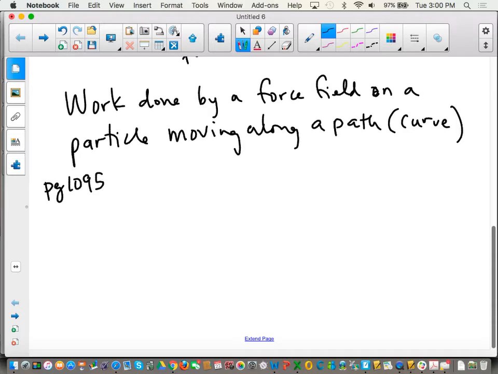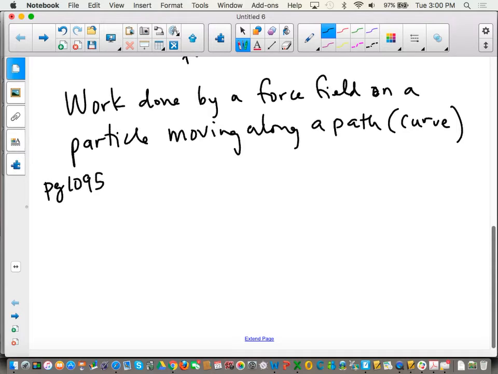The length of the line indicates the magnitude of the force, and the arrow is the direction of the force. And the red line is this particle traveling along that curved path. You can tell with the red arrow which way the particle is going. So right off the bat, what's the force field going to do to that particle? Slow it down, as they're going against each other.